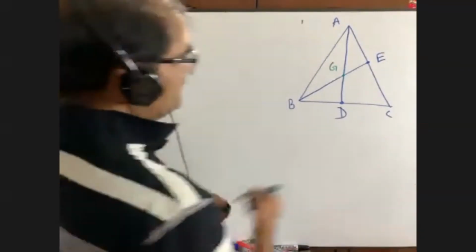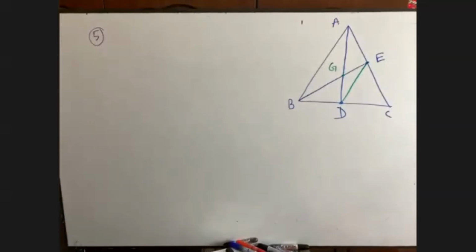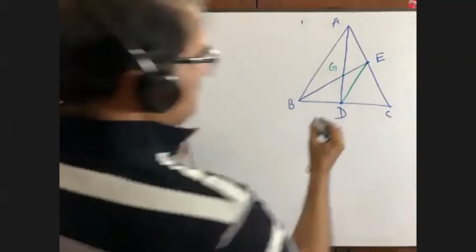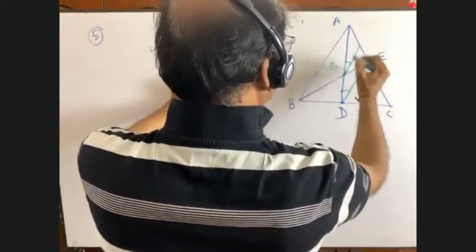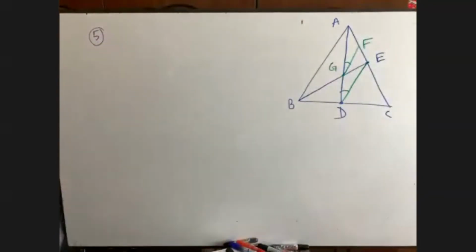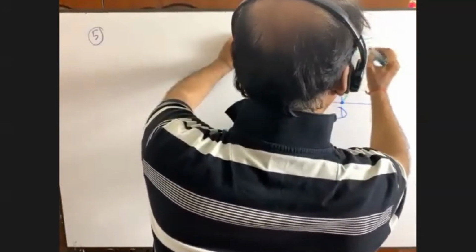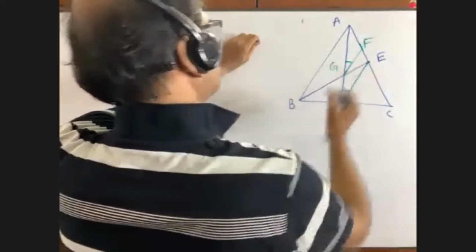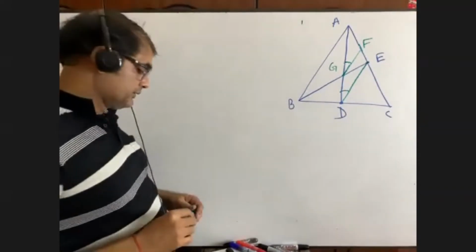So we are going to join D and E. And these two angles will be equal. And it is F. DE is parallel to ZF. Please complete drawing the figure.